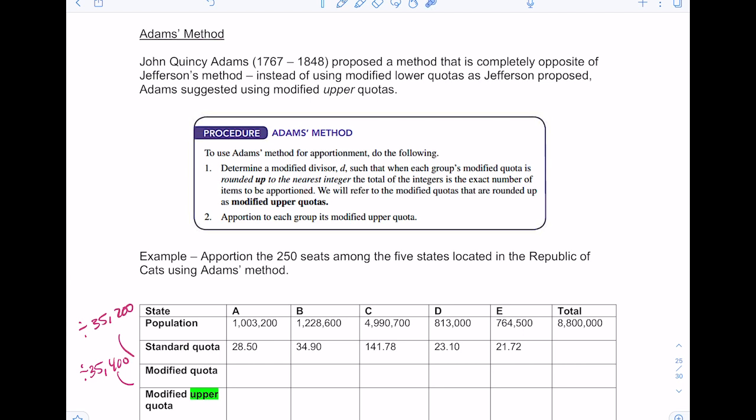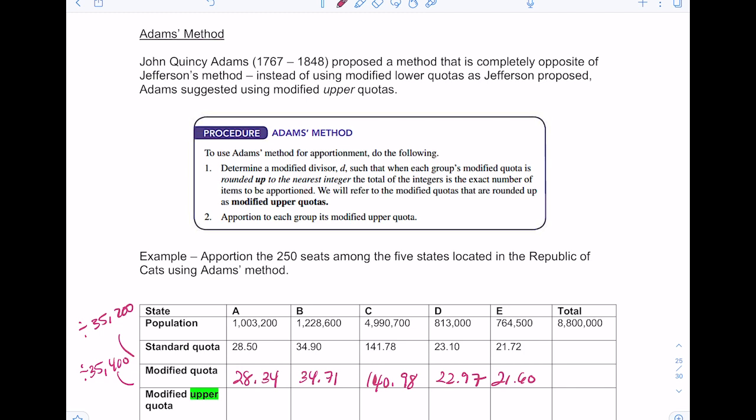So I'm going to take this top row here and just divide it by 35,400. You can pause the video and see if you get the same numbers. I'm getting 28.34, 34.71, 140.98, 22.97, and 21.60.